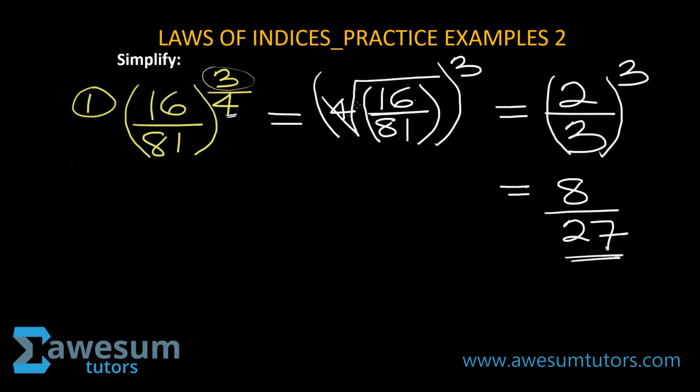So what is the fourth root of 16? That is 2. The fourth root of 81 is 3. Now 2 over 3, everything raised to the power 3. 2 cubed is 8, because 2 times 2 times 2 is 8. 3 cubed is 27, because 3 times 3 times 3 is 27. So the final answer is 8 over 27.